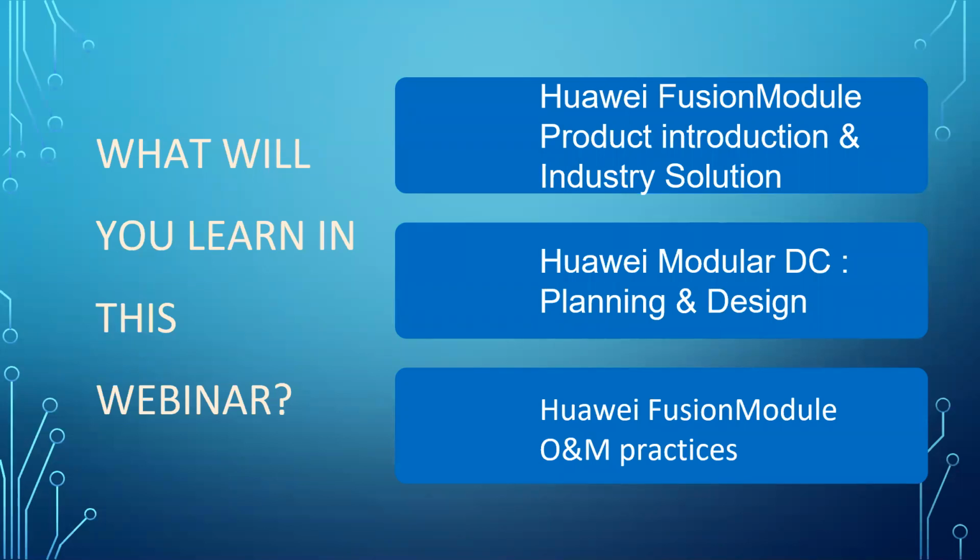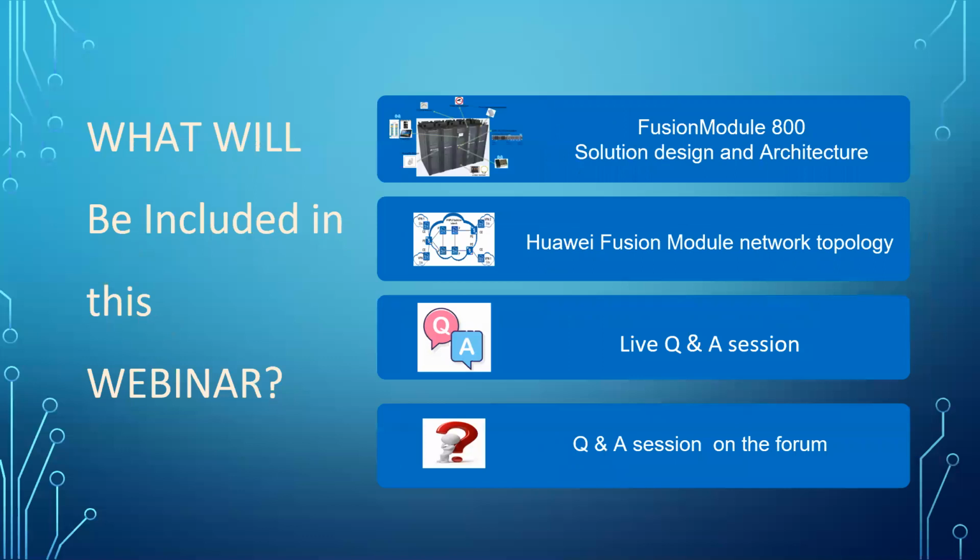We will also cover how to operate this complicated setup in the data center. Many components are there, so how easy is it to operate and manage the FusionModule? Also, we have included an architecture level understanding of how many components are associated and how they are integrated at the network level, and there will be a question and answer session, as Elena already mentioned, and in the forum also you can have the question and answer session after this live webinar.